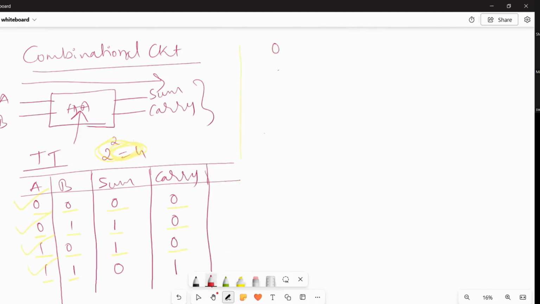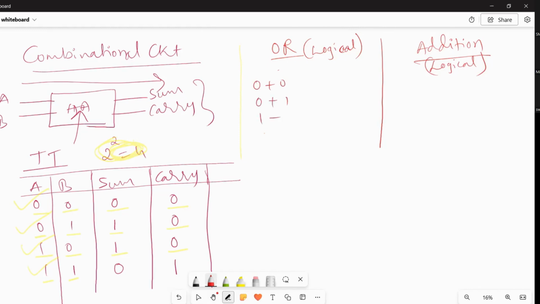Logical OR operation is different from logical addition. Try to understand. In a logical OR operation, 0 plus 0 is 0, 0 plus 1 is 1, 1 plus 0 is 1, and 1 plus 1 is also 1.